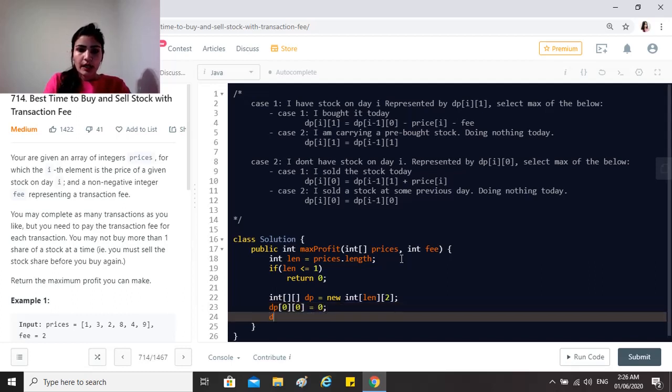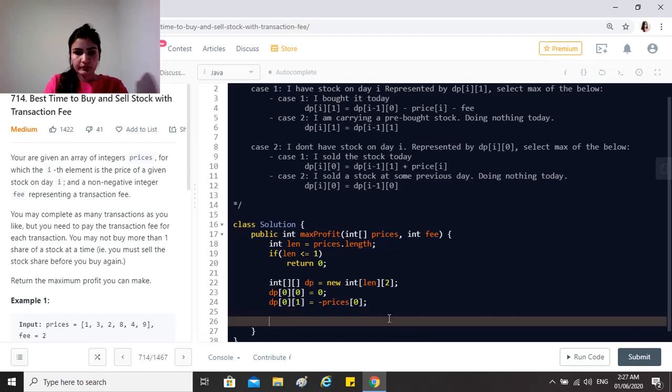And if I have stocks on day 0, then it means I purchased it today, so there's no other possibility. So I'll just take a negation of prices of 0, because if we are having a stock today, that means we bought it today, and to buy something you have to pay money, so that's why negative of prices of 0.